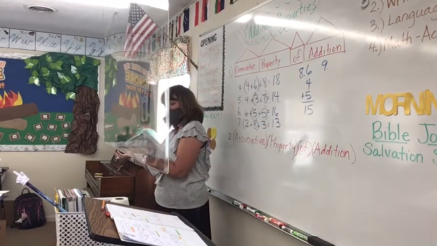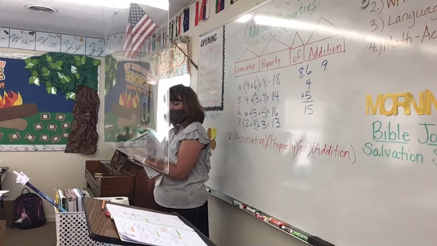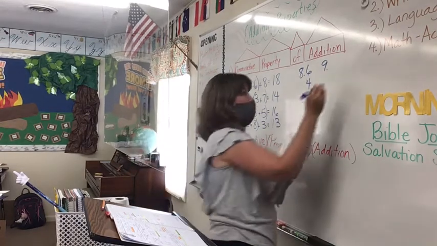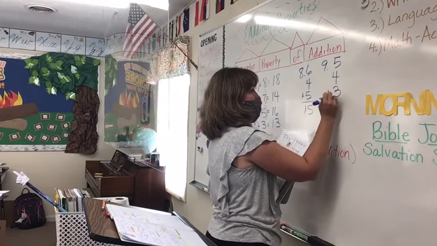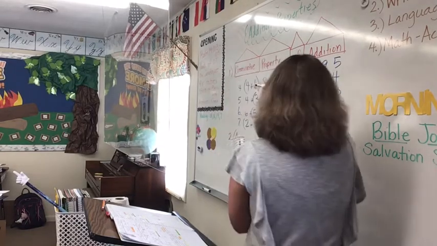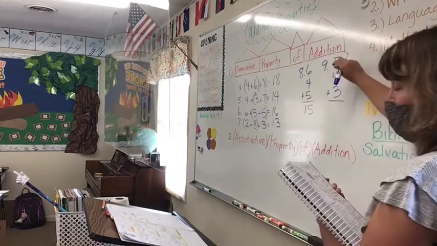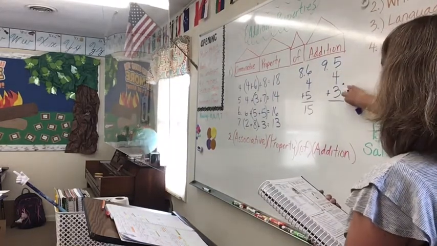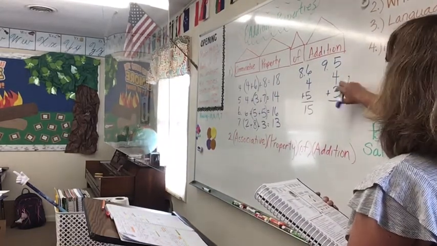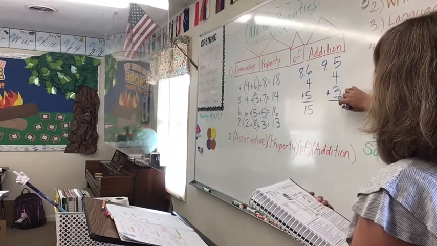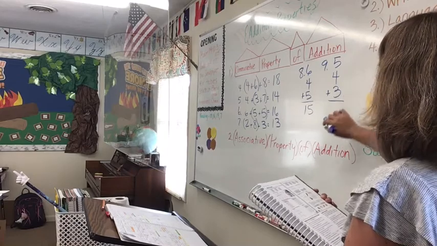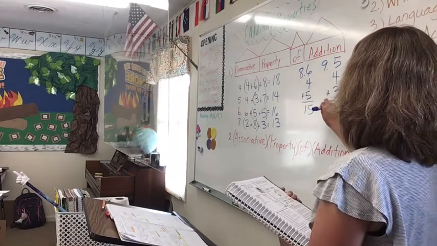Okay, now sometimes they don't equal 10, like 5 plus 4 plus 3. Right, so in this case, there aren't any two digits that would equal 10 together. So you just need to add 5 plus 4 is 9, and 9 plus 3 is 12.